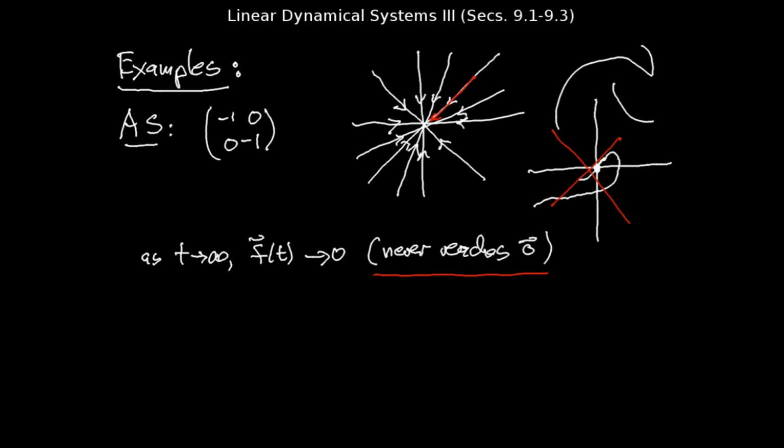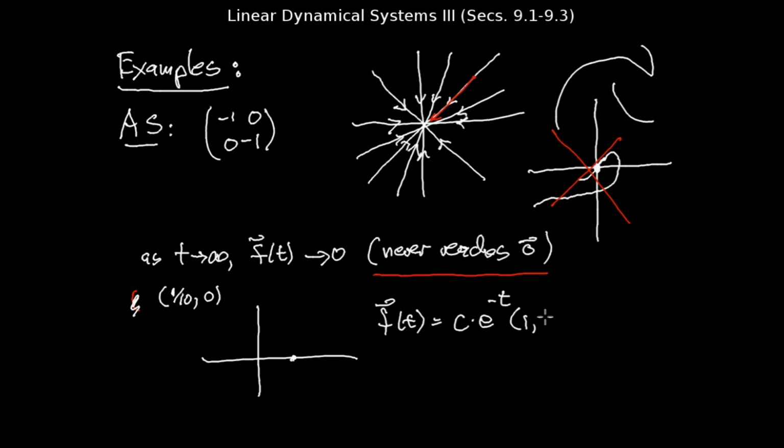Well, let's be even more concrete about it. Suppose you deformed out to the point 1/10, 0. That's on the x-axis here. Well, the solutions through this are given by f of t is equal to some constant times e to the minus t times (1, 0), which is to say a constant e to the minus t, comma, 0.